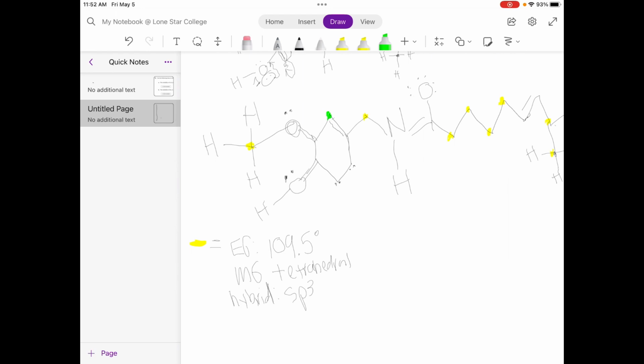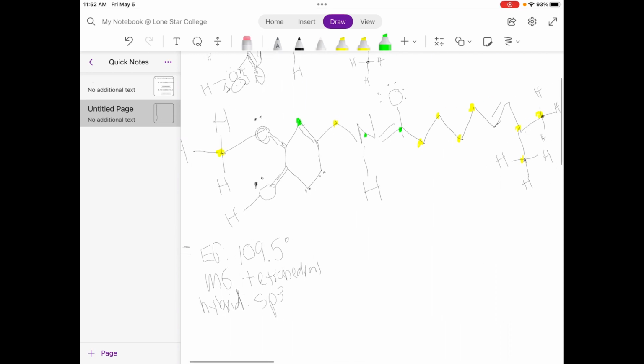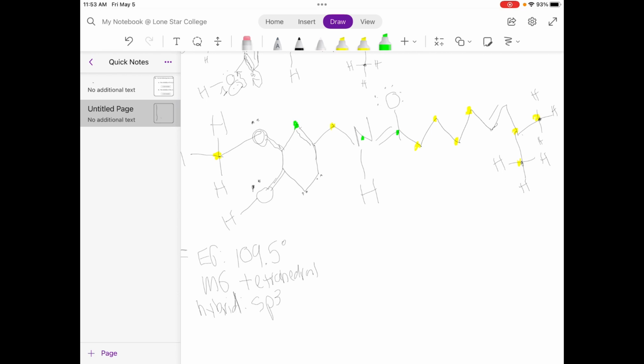What else? This is a trigonal planar. This right here, trigonal planar. Just do it like that. What else? This is also a trigonal planar. Mostly anywhere where you have double bonds, you most likely get a trigonal planar.